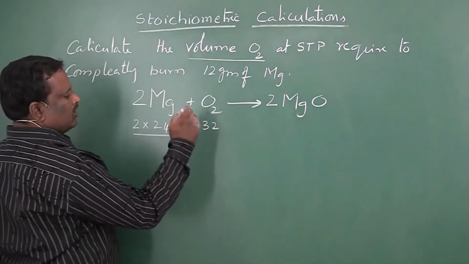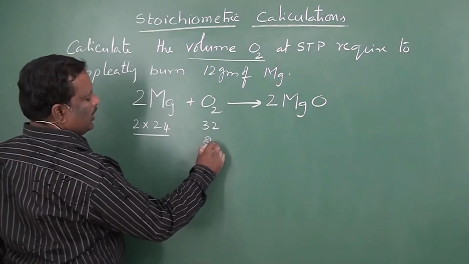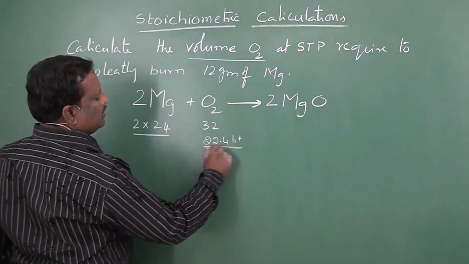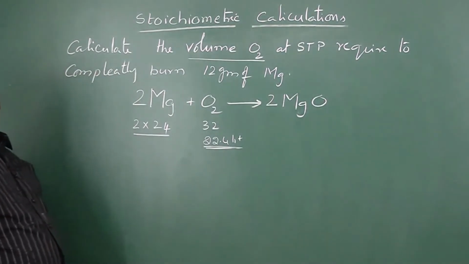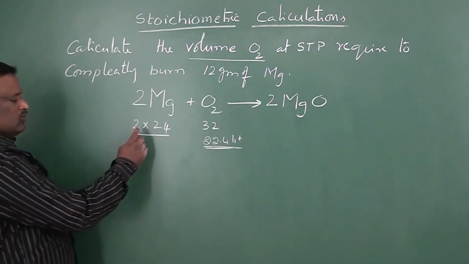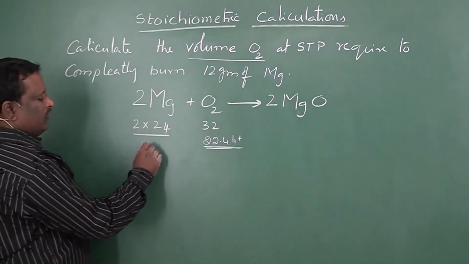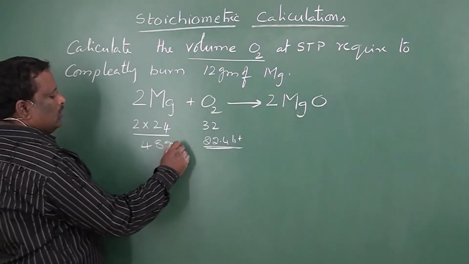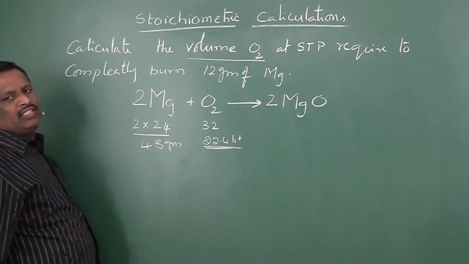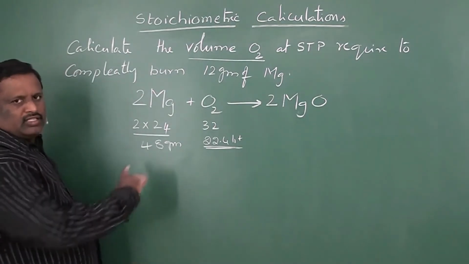So this 32 grams of oxygen will occupy 22.4 liters at STP. That means this 48 grams of Mg requires 22.4 liters of O2 at STP. That is the ratio.